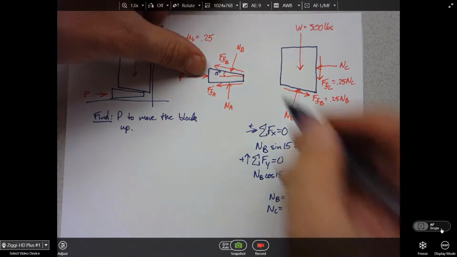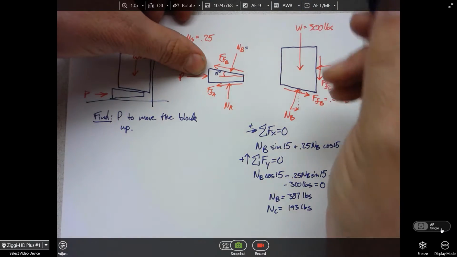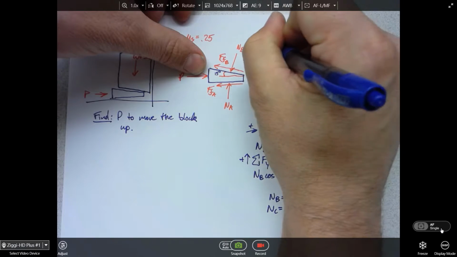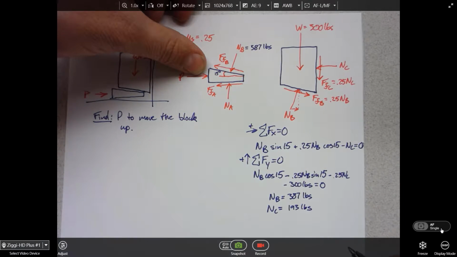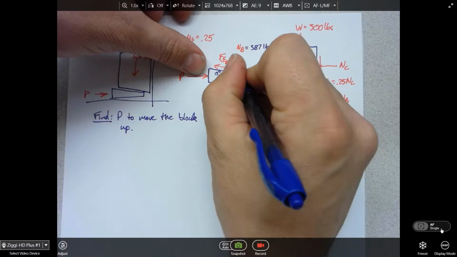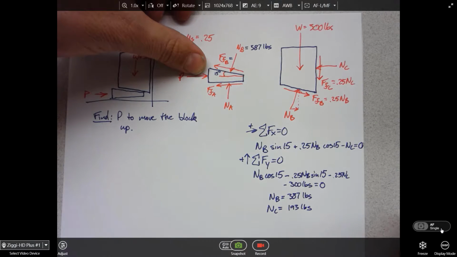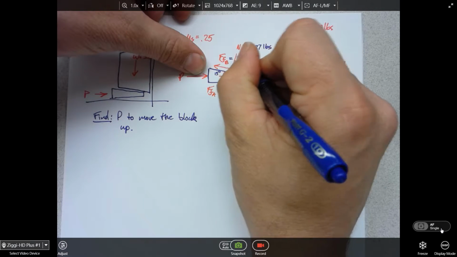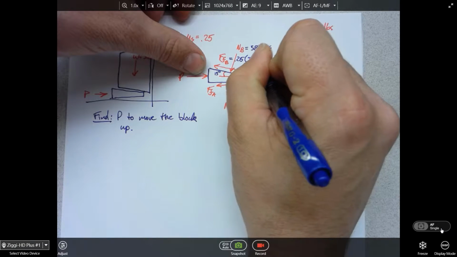Okay, so let's do that. For the wedge, then, we know NB is equal to 387 pounds. Then the force of friction at B, we know, is going to be 0.25 times 387.